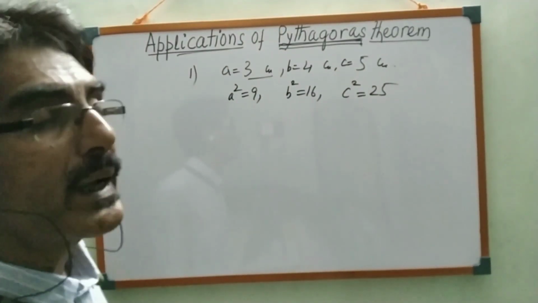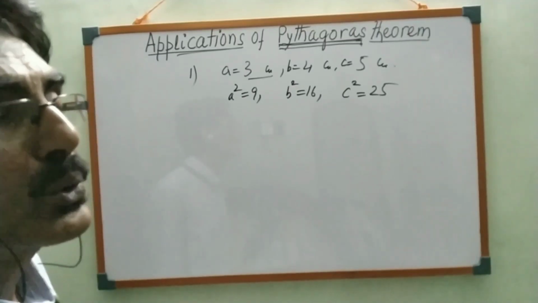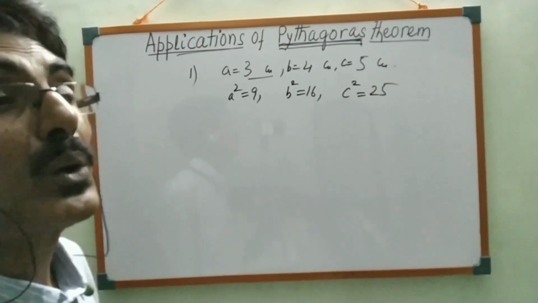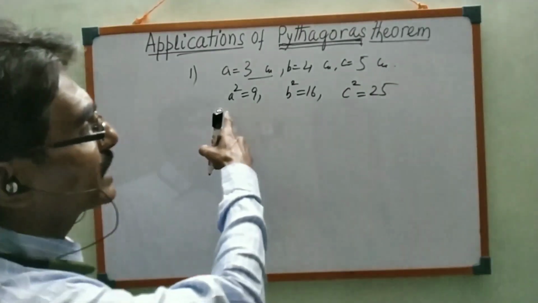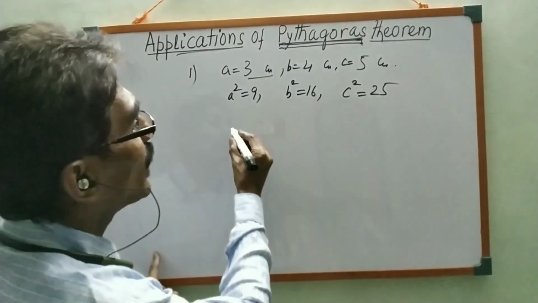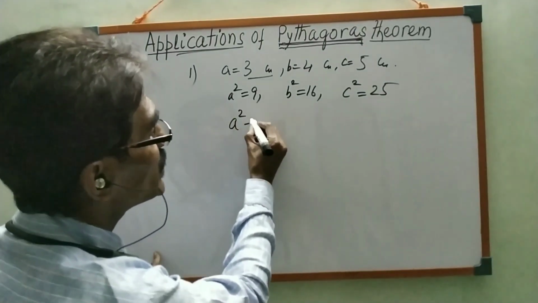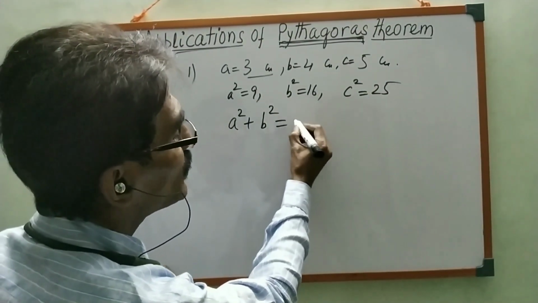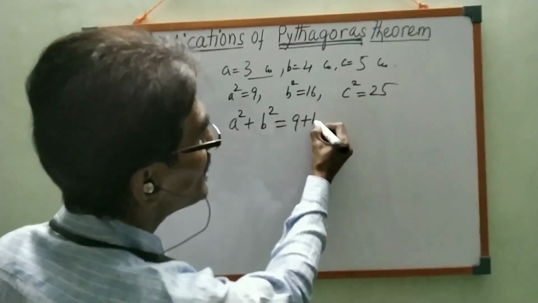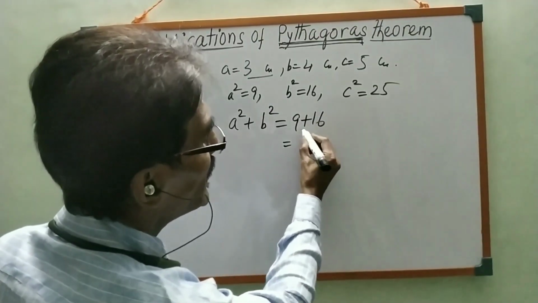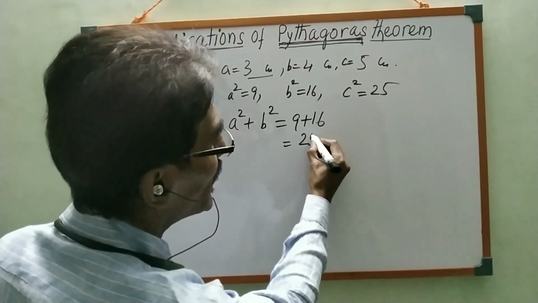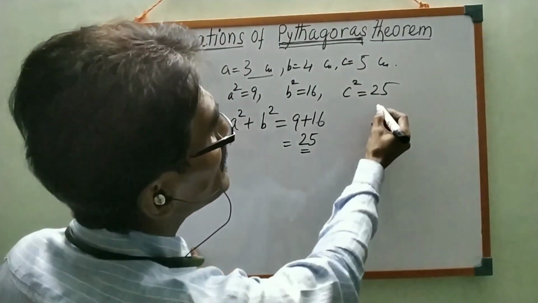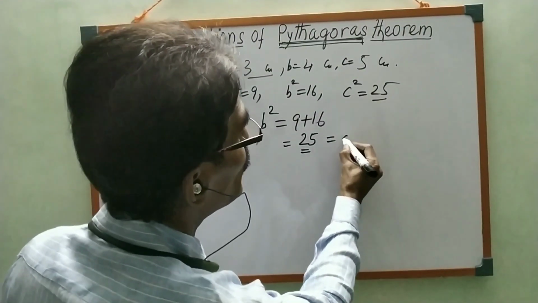Sum of the squares of any two sides equal to the hypotenuse square, means the square of the third side. It is clearly from the result what we are getting. The two smaller results, if we add A square plus B square equal to 9 plus 16, very simple calculation, is 25. And you see the 25 is the value of also C square.